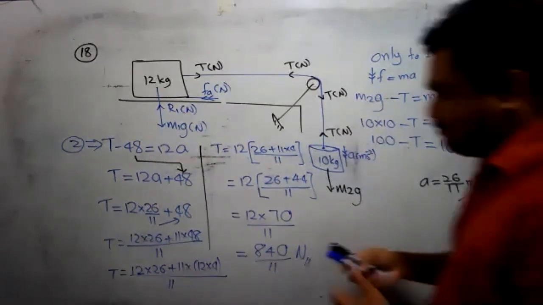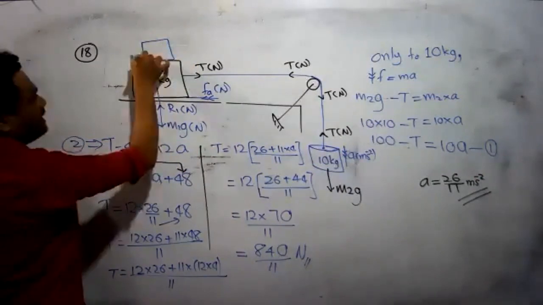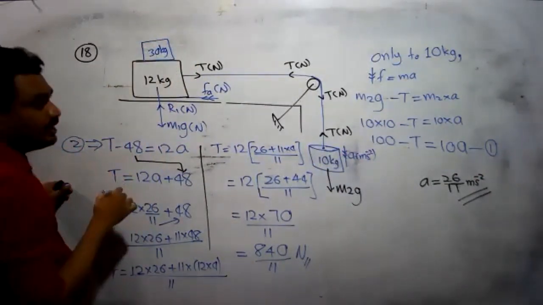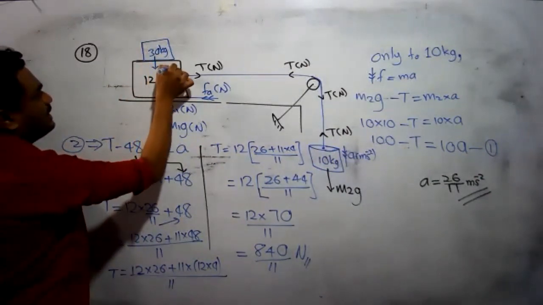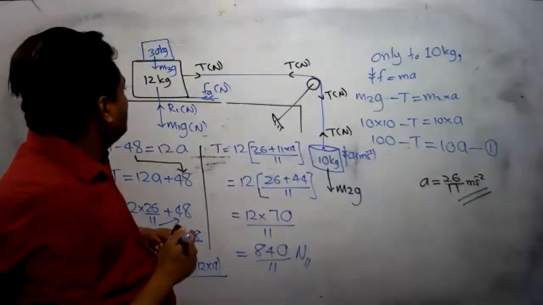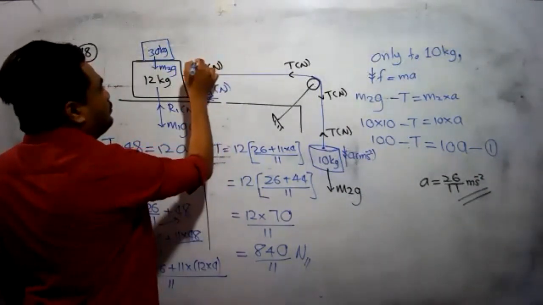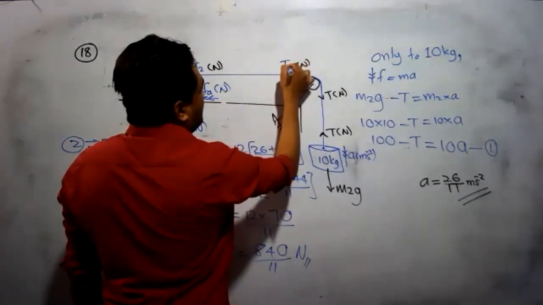So then, look at the board here. If we place a mass of 30 kilogram here, its weight will also be acting downward as M3G. The tension force, now let me mark the new tension force as T2. Tension force may be changed.